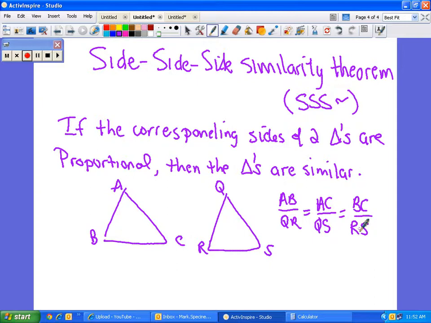We've actually done this already. That's where we looked at the corresponding sides and we figured out whether the sides were in ratio. If the ratio is the same, does anyone remember what we call that ratio? Scale factor. Scale factor, thank you.